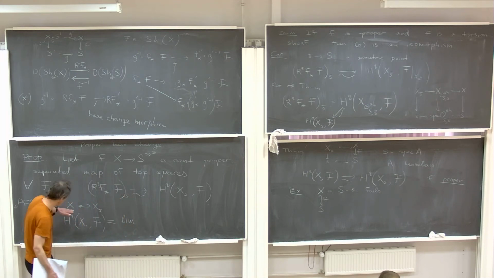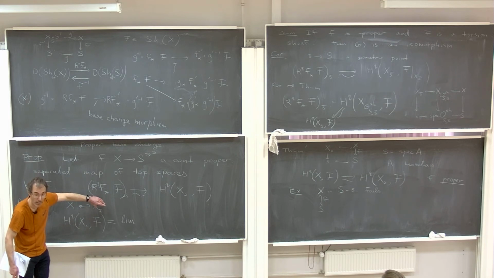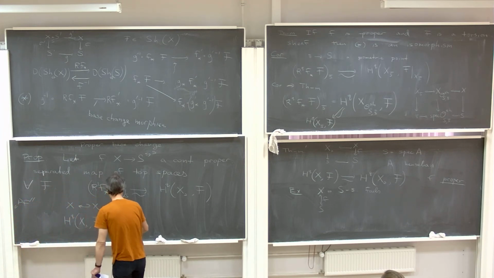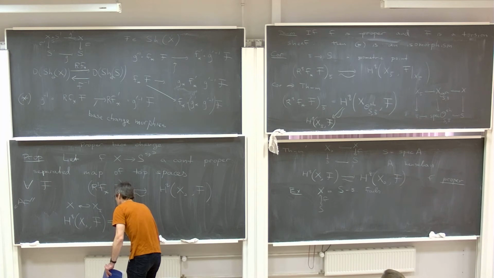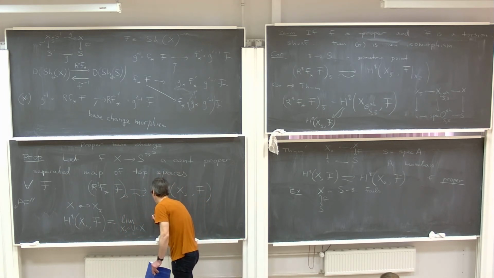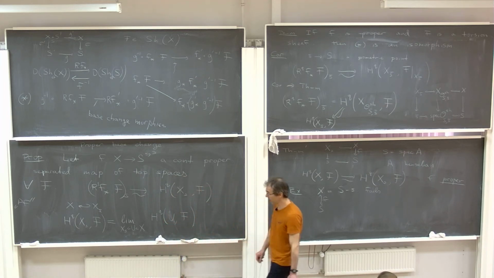So I take any sheaf on X and I restrict it to a compact, closed subset. And then the claim is that this cohomology group is equal to the limit over all open neighborhoods U in X of the cohomology groups of U with coefficients in F. Okay?